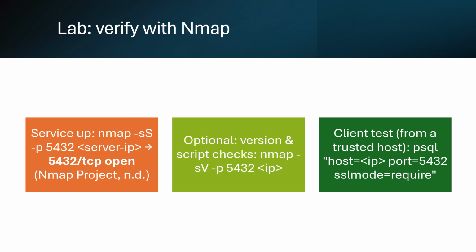Then try connecting with psql using sslmode=require from your Kali box. Only if pg_hba.conf allows your source IP and requires scram over SSL should it succeed. If that works, you have proof that your hardening and connectivity are correct.